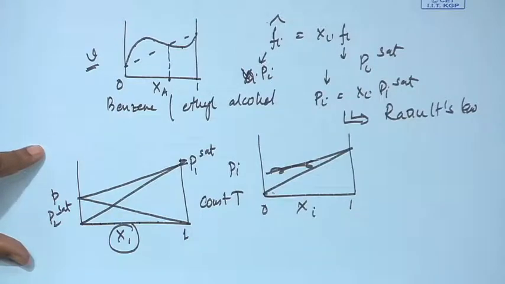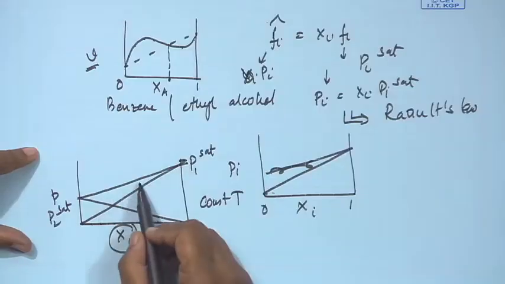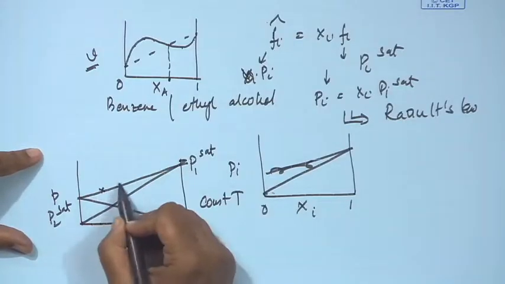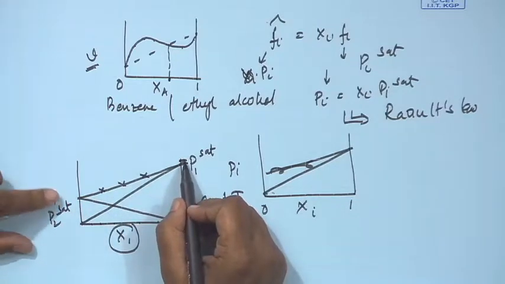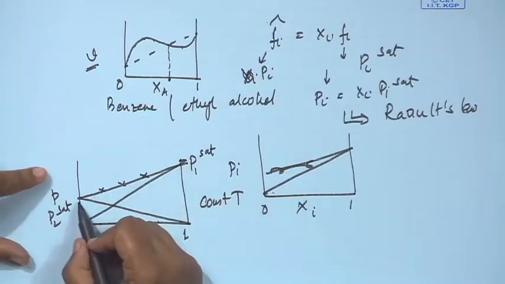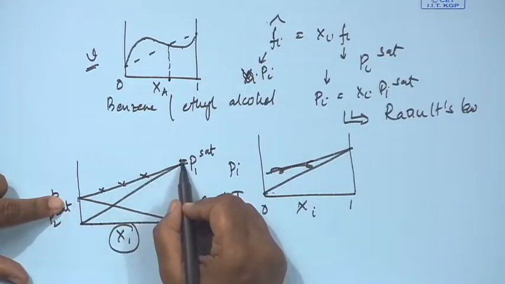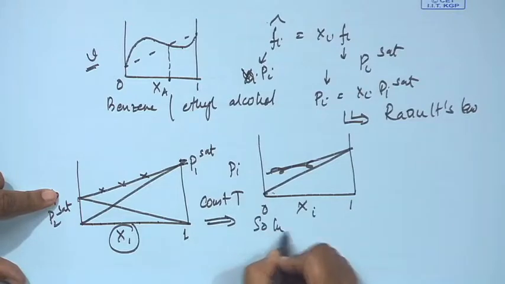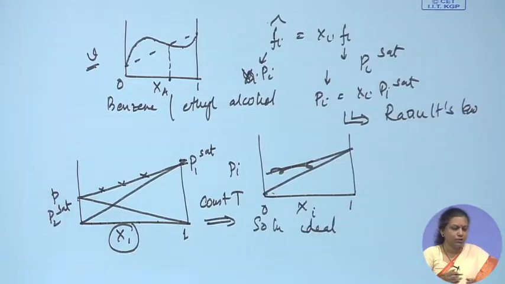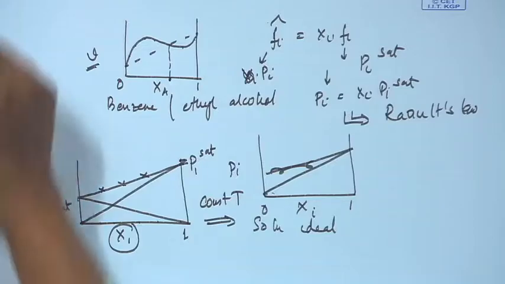So, the simplest way to do it is what? You mix two components in different proportions, find out the total pressure over the mixture, plot all the points, and if all the points more or less fall on a straight line, which varies from P 2 saturated at one end to P 1 saturated at the other end, then we know that the solution is ideal. This is a sure test of an ideal solution.